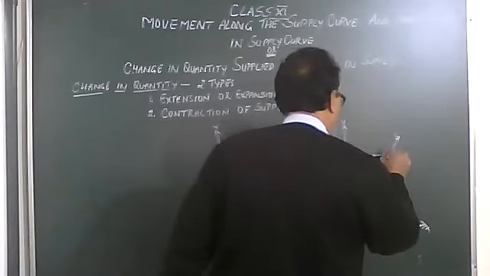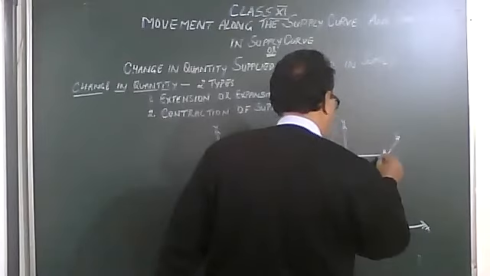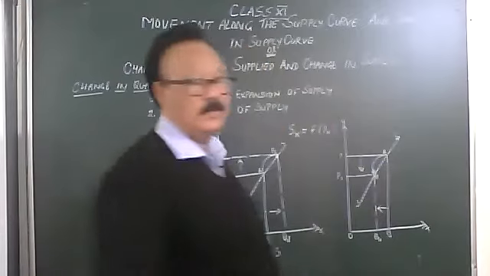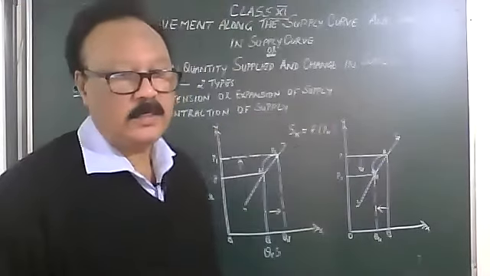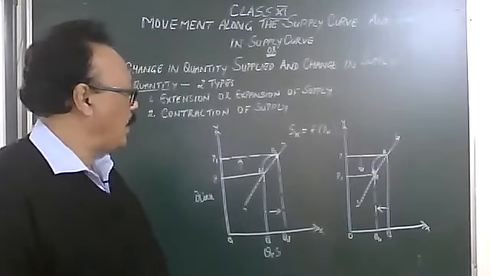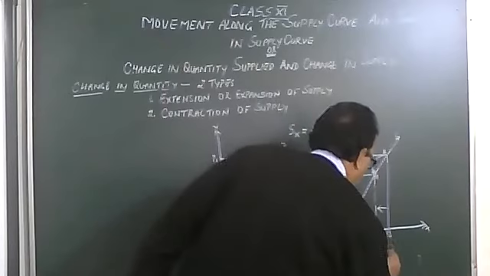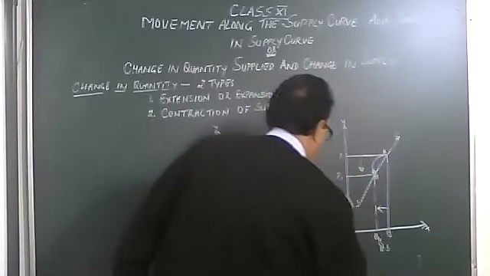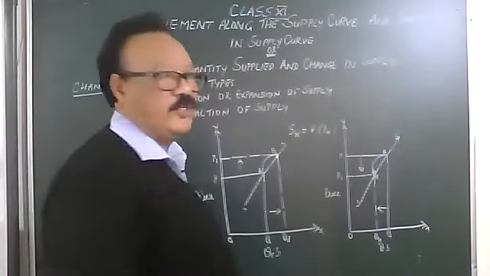We call this point A and this point B. There is a backward or downward movement on the same supply curve. This is quantity supplied and this is price. Contraction.